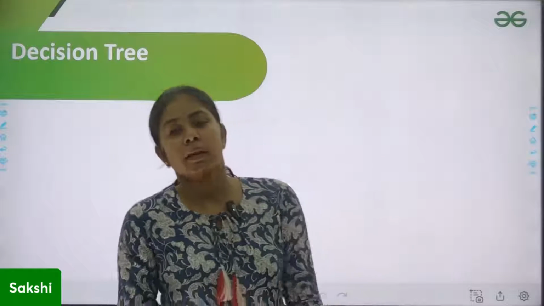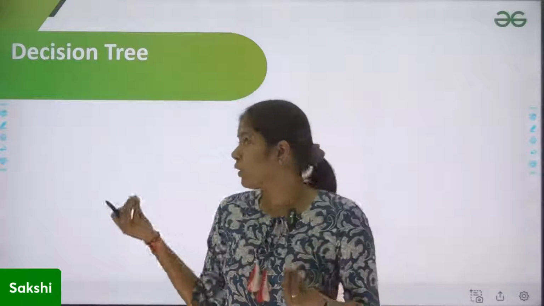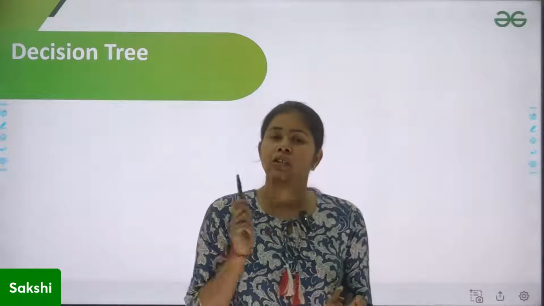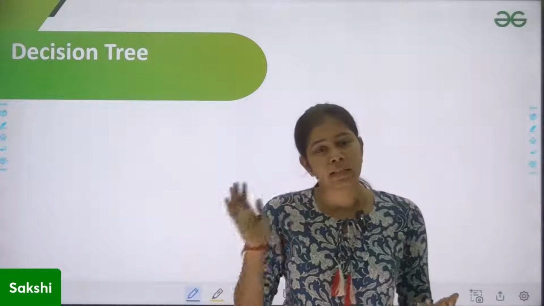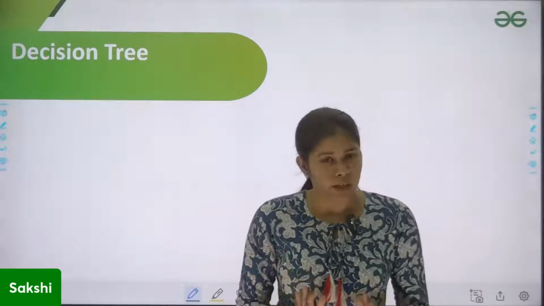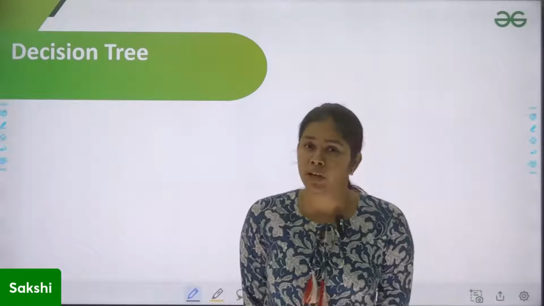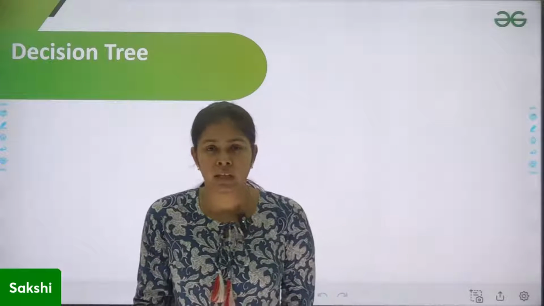Okay, so guys, we have discussed decision trees and where we are going to use them: we can use them for classification, and also when we have a categorical feature as well as a numerical feature. Later on, we discussed entropy and information gain. What was entropy? Entropy is a measure of impurity in the data set.